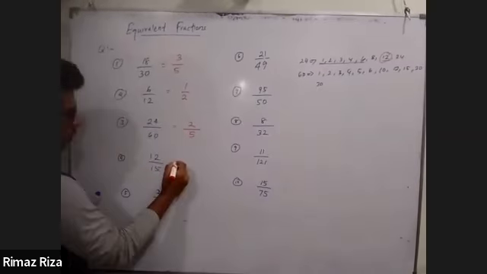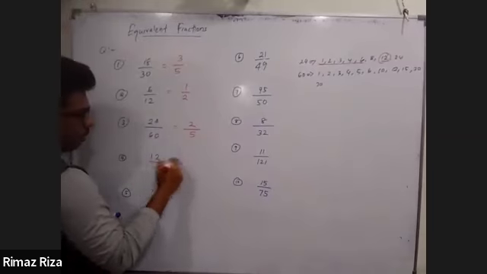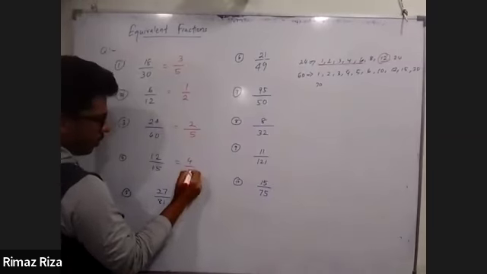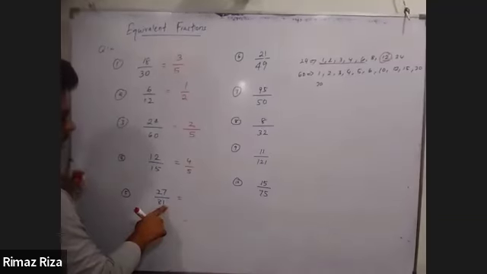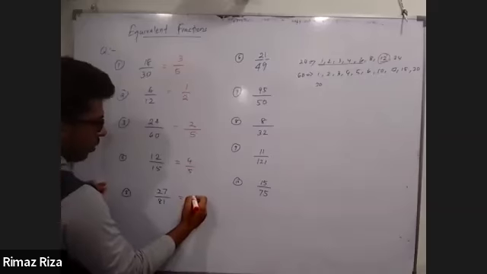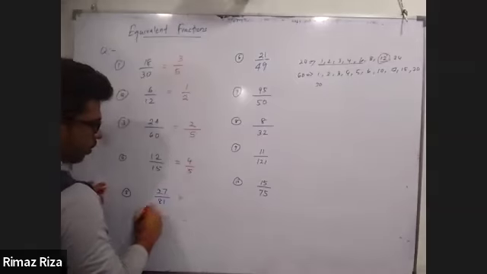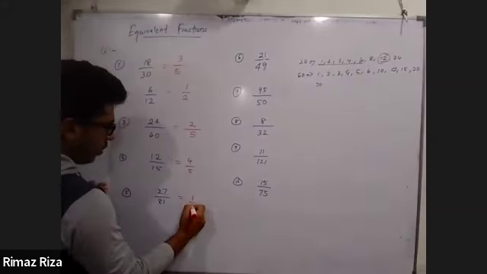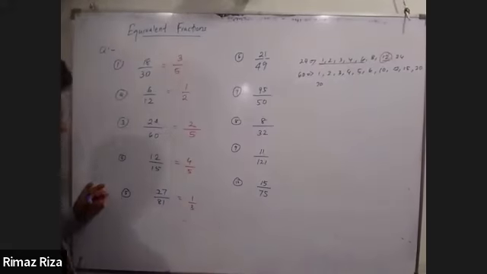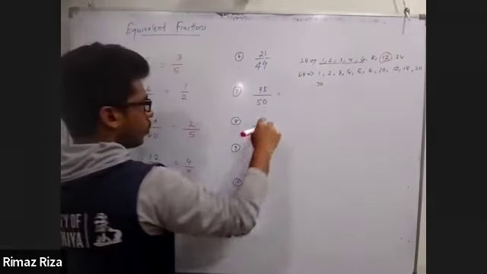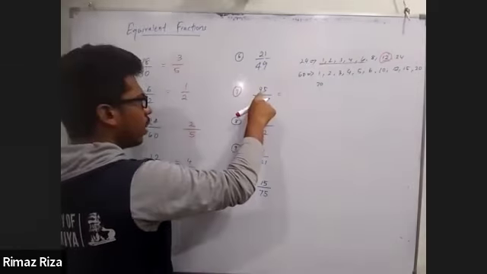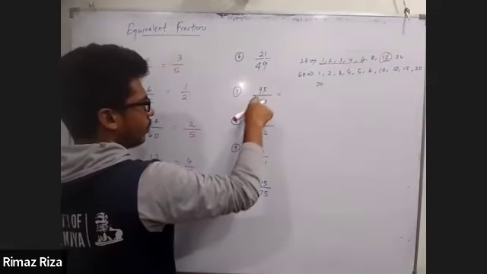And then the fourth one: 12 divided by 4 is 3, and 15 divided by 3 is 5. 27 and 81. So 81 is actually 27 into 3. So we can divide by 27. So here 1 and here 3. And 95 and 50. HCF is 5.